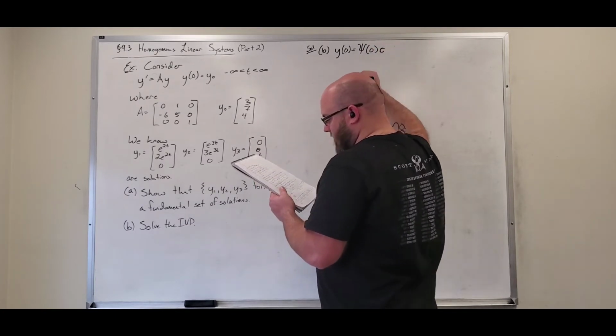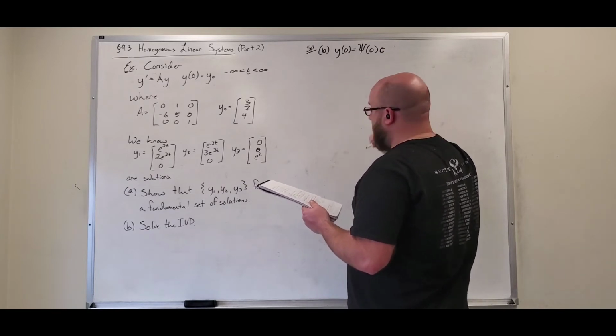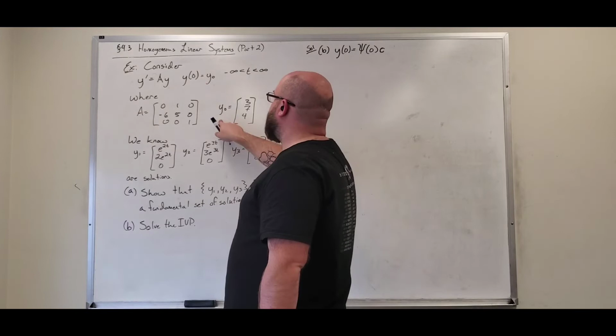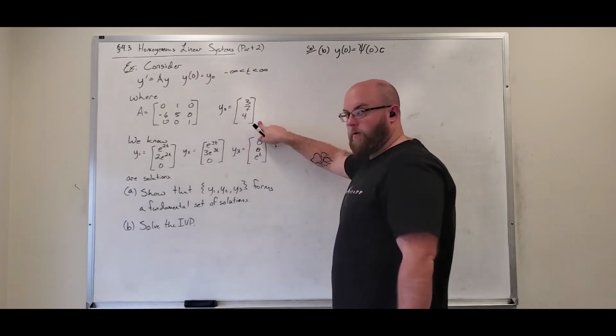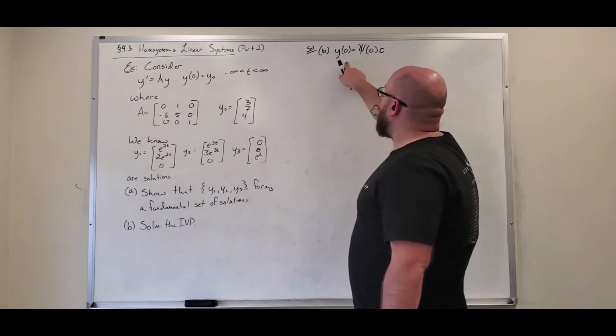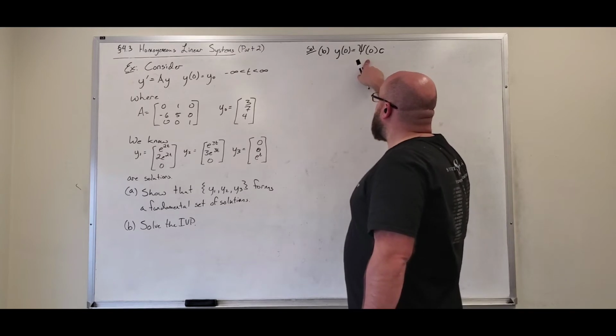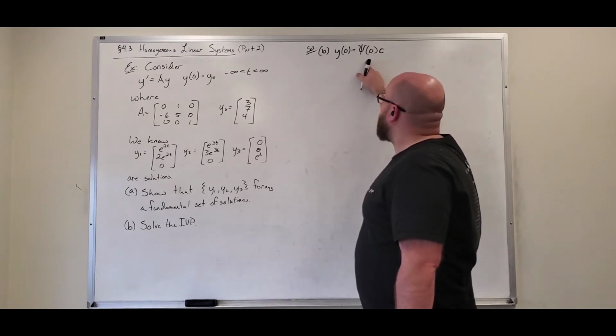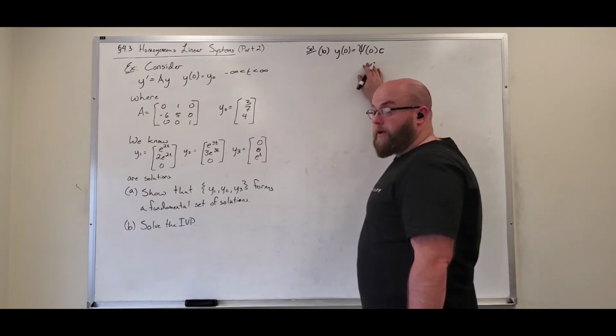Okay. Well, in our case, we know that y of 0 is equal to 3, 7, 4. We know what the fundamental set is. Okay, so our fundamental matrix evaluated at 0.